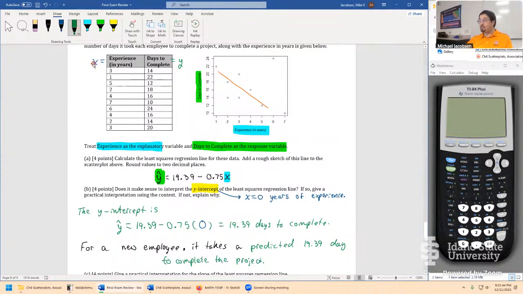So for a new employee, that was just mentioning how much experience they had. We said 0, which lines up with the x-intercept part. But when we plug in 0, we got 19.39 days to complete. So we just went to this part and said, for a new employee, 19.39 days to complete this project is what we would predict.